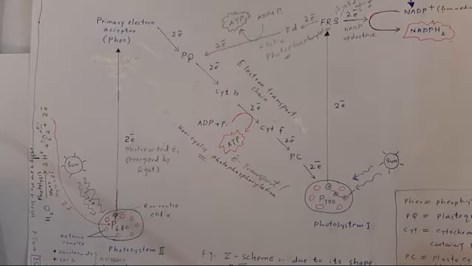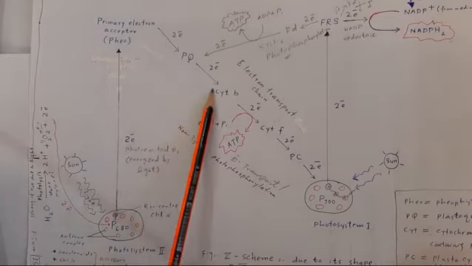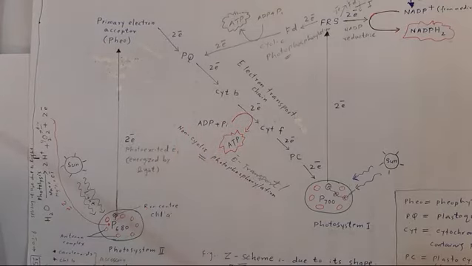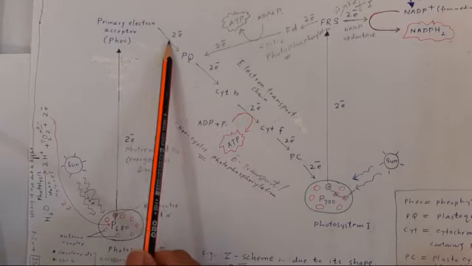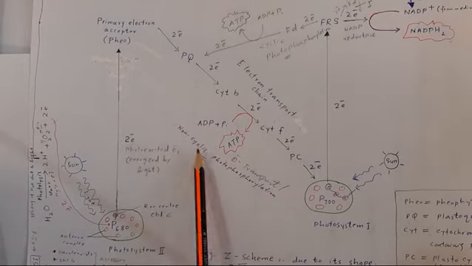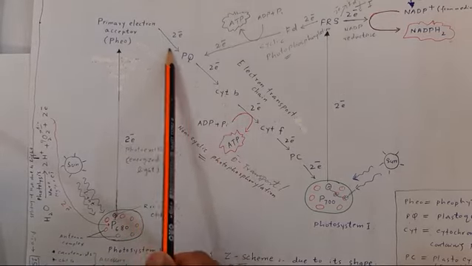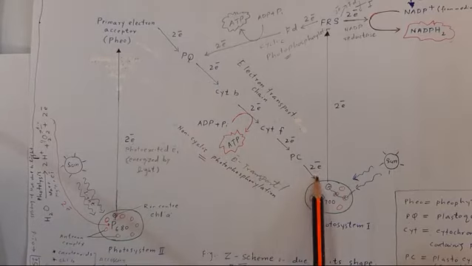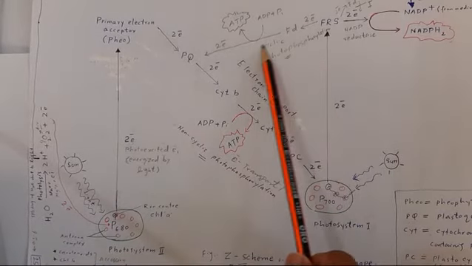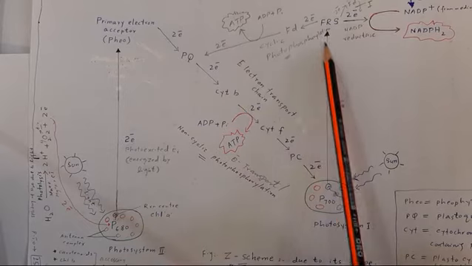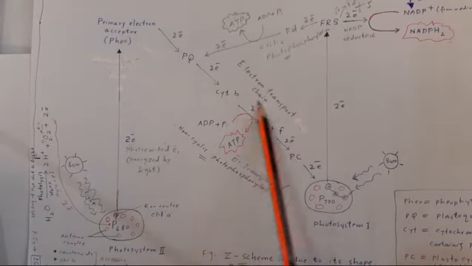Now if you look into this diagram, there are 2 possible pathways of the electrons in the light reaction of photosynthesis. This one is called non-cyclic electron transport, while this one is called cyclic electron transport.